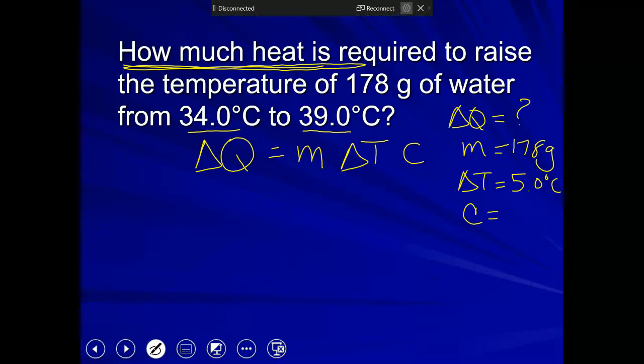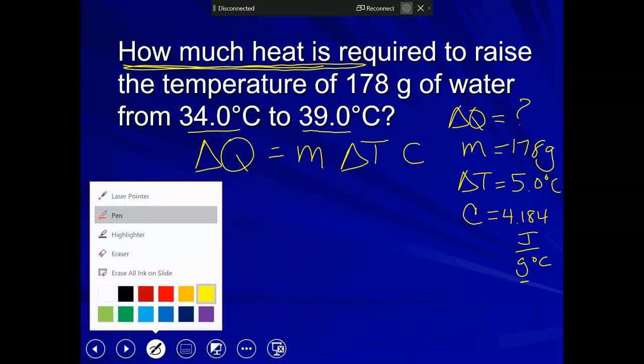And then the specific heat of water is 4.184 joules per gram degrees Celsius. One of the reasons I like to list everything out, first of all, I want to end up with only one variable that I'm still looking for. And also, I like to see if my units match up. For example, if this said 2.0 kilograms of water, at this point, I know I need to do a conversion of the mass so that the units match up to the units I have for specific heat.